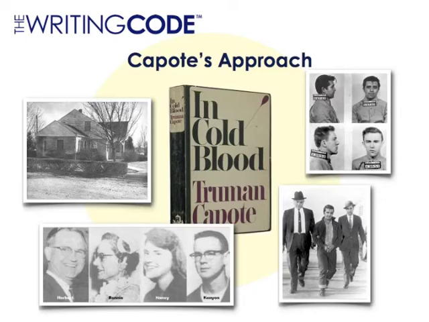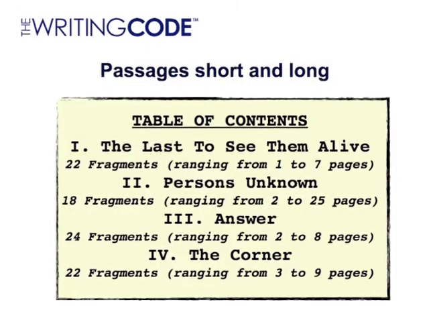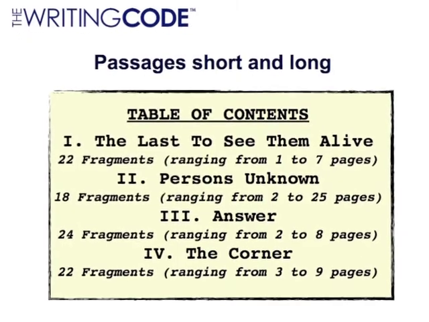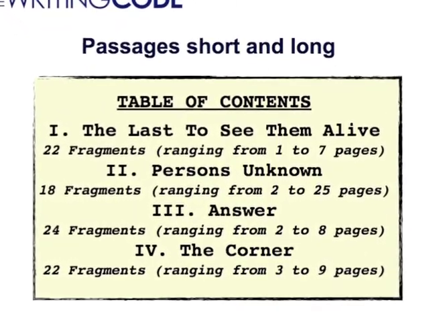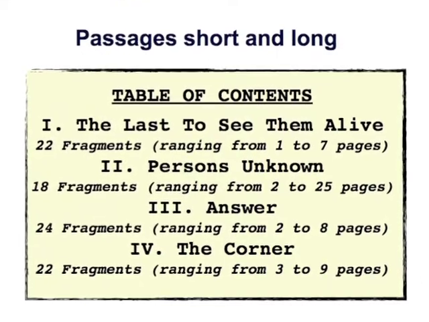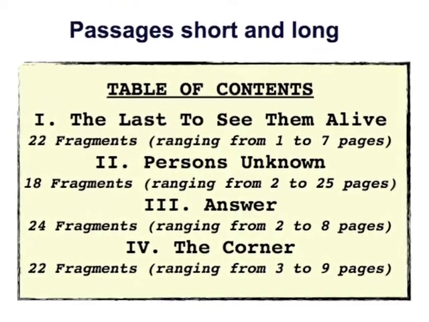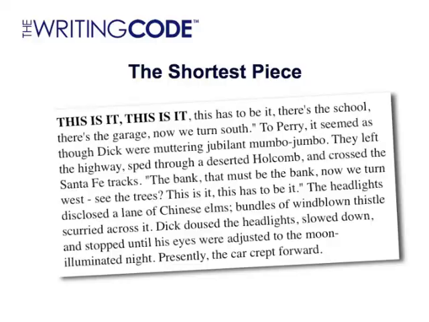If they were all put into 8 to 12 30-page chapters, you'd lose a lot of the impact from the scenes. Capote doesn't use chapters. Instead, he groups several dozen passages into 4 sections. That way, each scene and each summary can stand on its own. His shortest scene is just a couple hundred words, and his longest is about 27 pages.